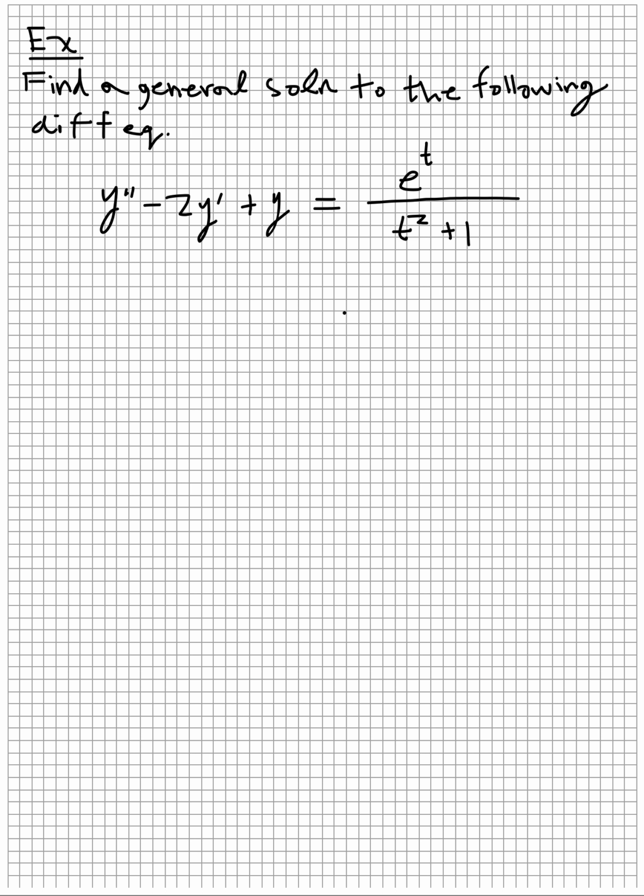Okay, so first we need to find the complementary solution for this differential equation. Again, I will leave it to you to verify the complementary solution and to find it. For this problem, the complementary solution is found to be c1 e to the t plus c2 t times e to the t.